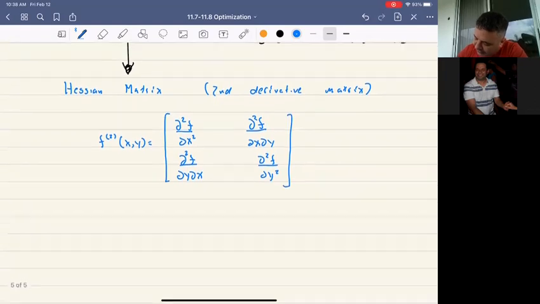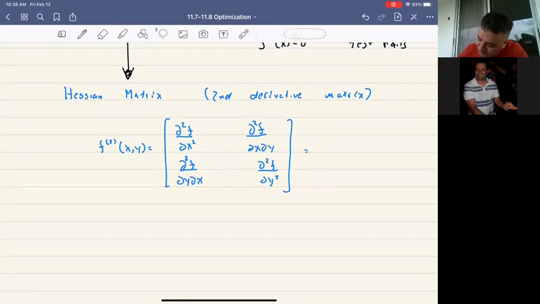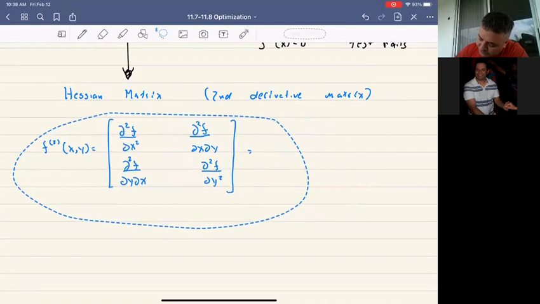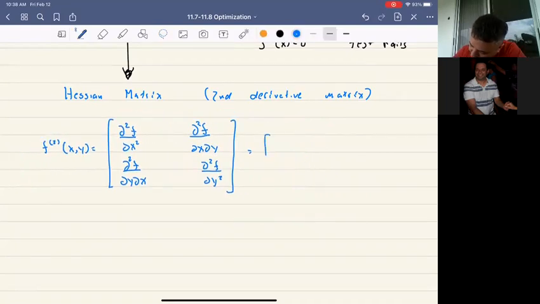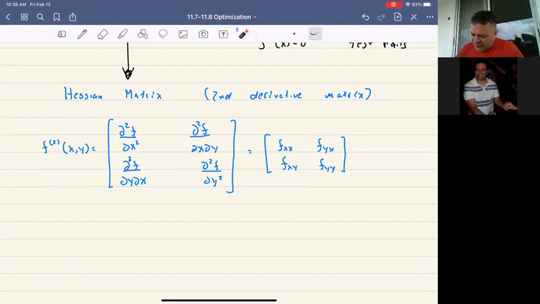Okay, and you might see it written like so. I always have confusion which way, but the way I think about this is taking the derivative with respect to y and then taking the derivative of that with respect to x, which means this and this become the same thing.